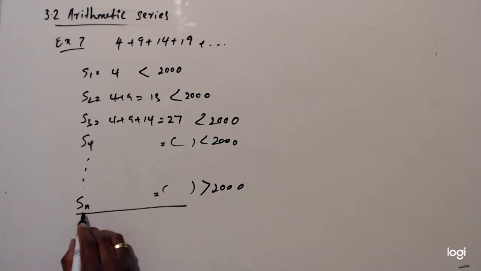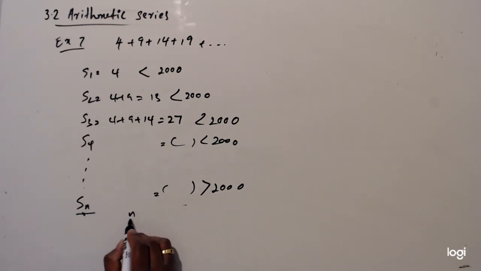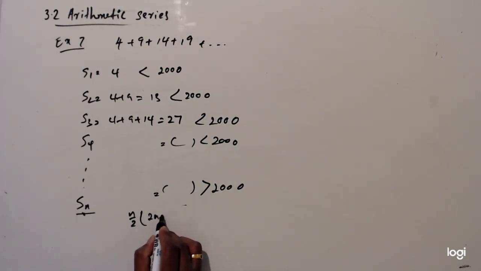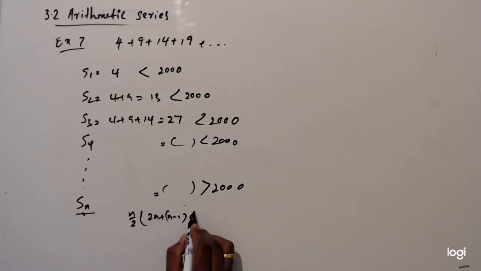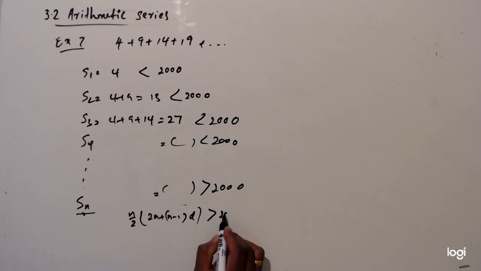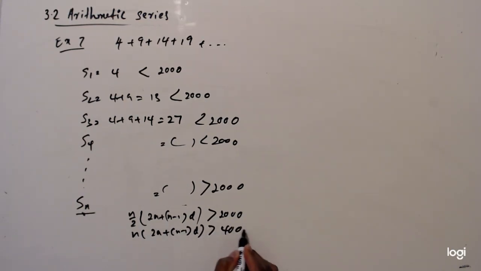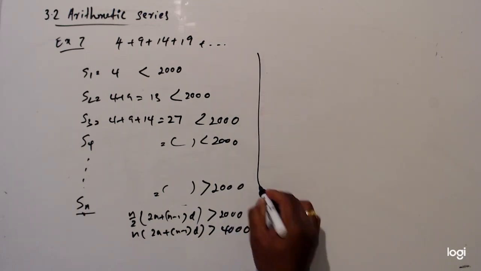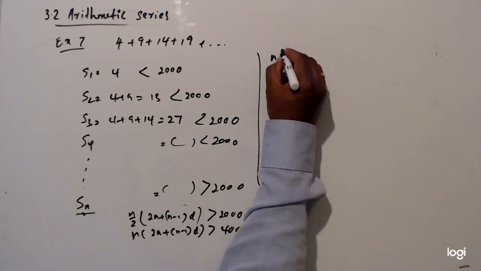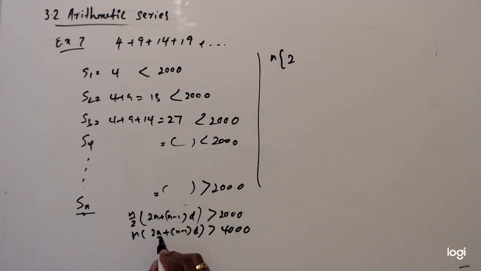Now this Sn, n divided by 2 times (2a plus (n minus 1) times d), has to be greater than 2000. So I'll multiply by 2: n times (2a plus (n minus 1) times d) is greater than 4000. Do we know a?